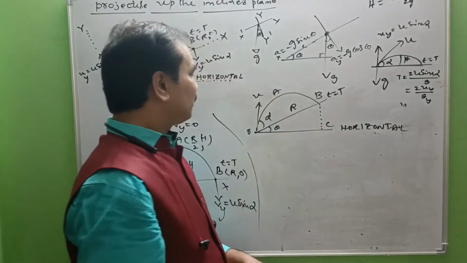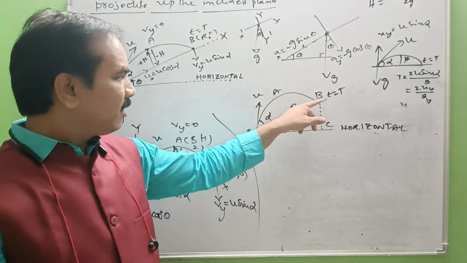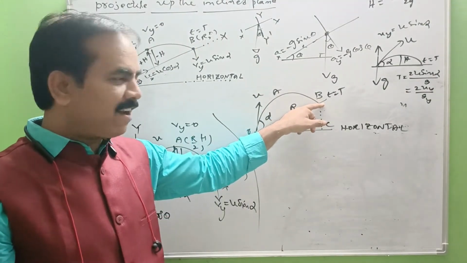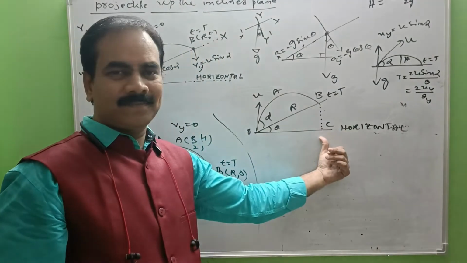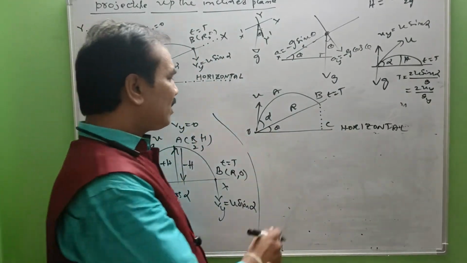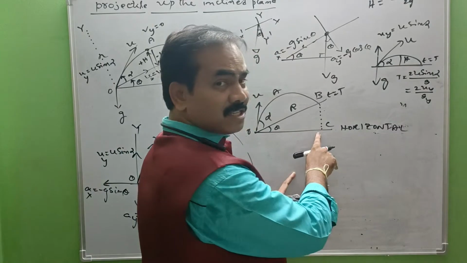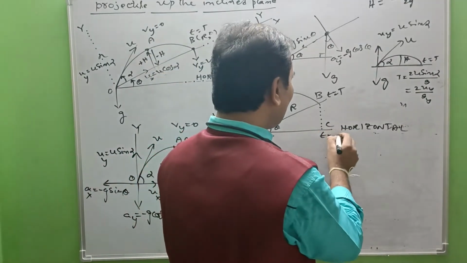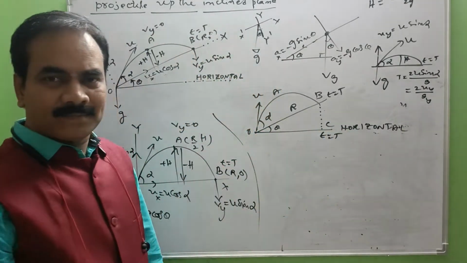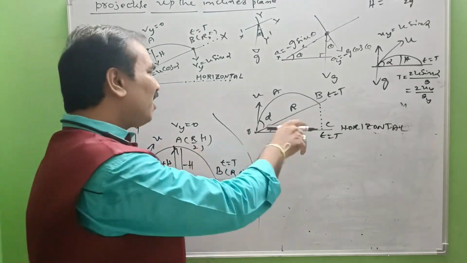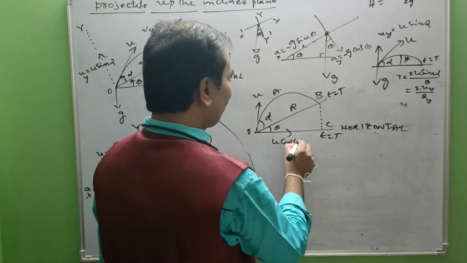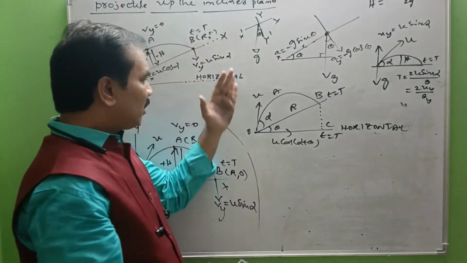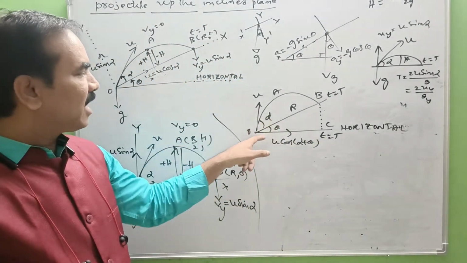When the projectile reaches B in the entire flight, during that time it covers this much distance, OC, along horizontal. The time taken to cover this distance is T. The component of velocity along horizontal, along OC, is u cos(alpha plus theta), because u makes an angle alpha plus theta with horizontal.